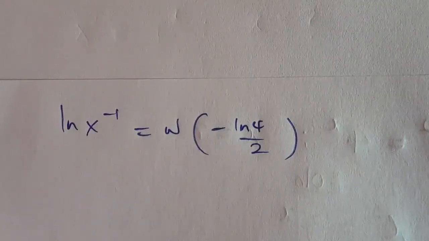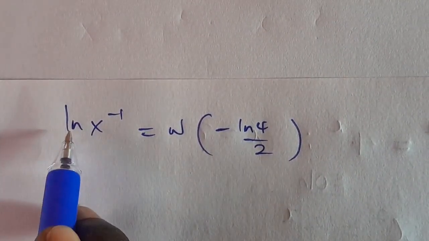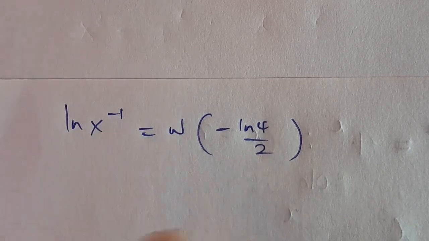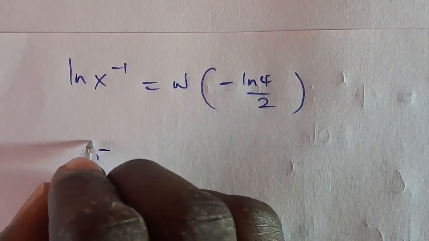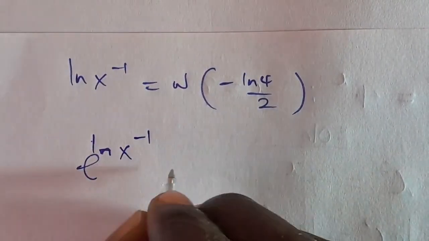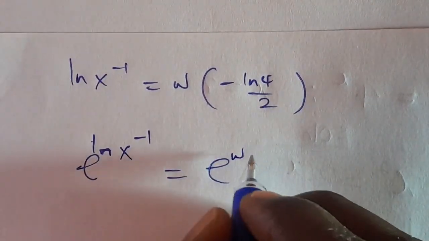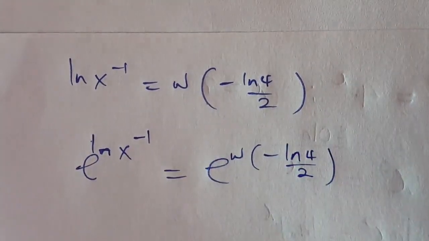So now from here, to eliminate the natural log, we can take the power of both sides to be e to the power of ln x to the power of minus 1 equals e to the power of W of minus ln 4 divided by 2.